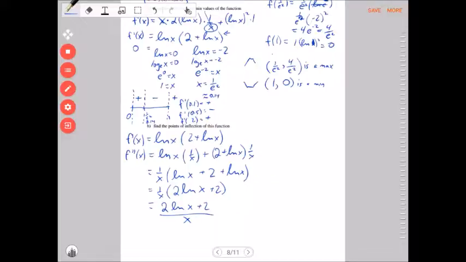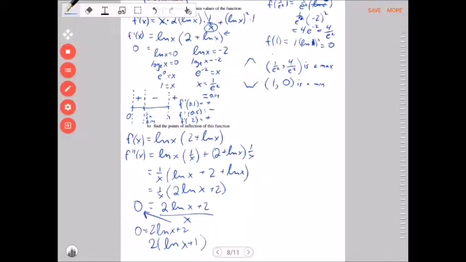That is our second derivative, and we want that to equal 0. The x in the denominator doesn't matter, so 0 equals 2 ln x plus 2, and we can factor out the 2.